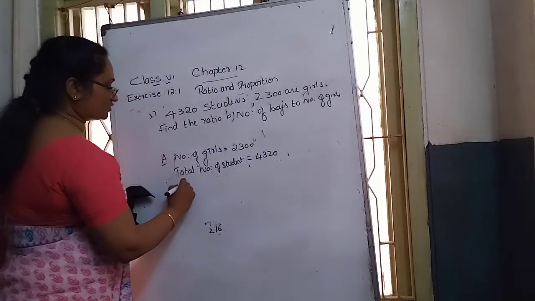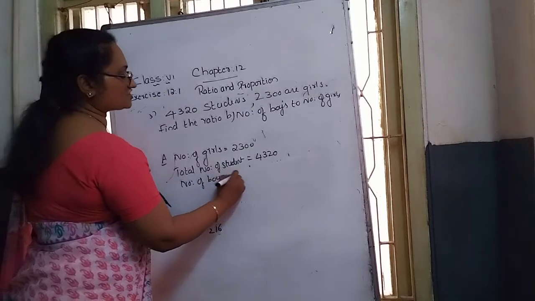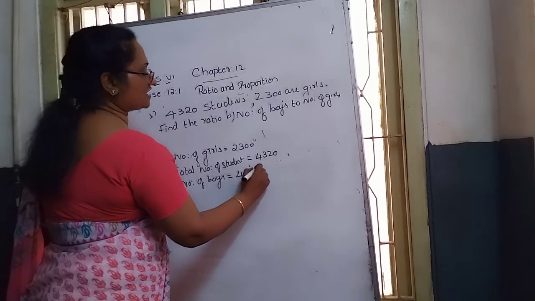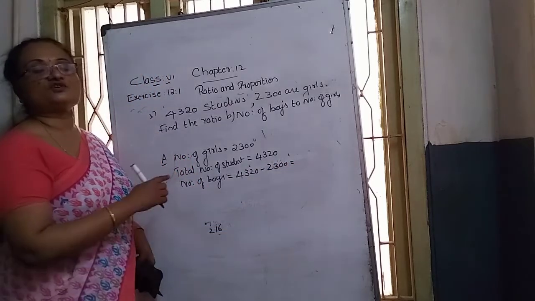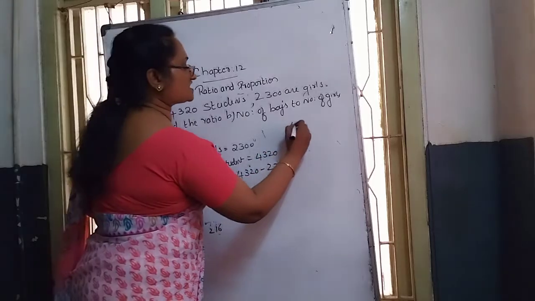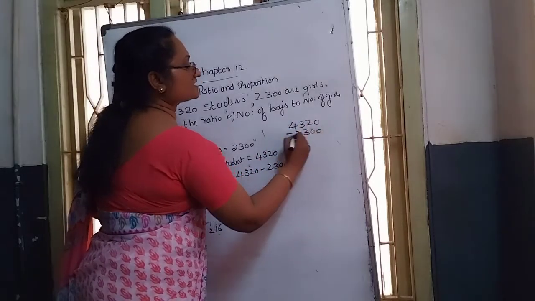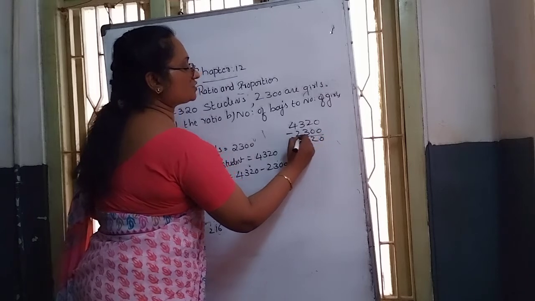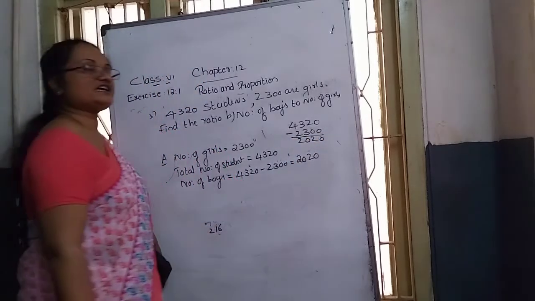The number of boys is the total strength subtracted by the number of girls, because in this question the boys number is not given. So 4,320 subtracted with 2,300 gives 2,020.